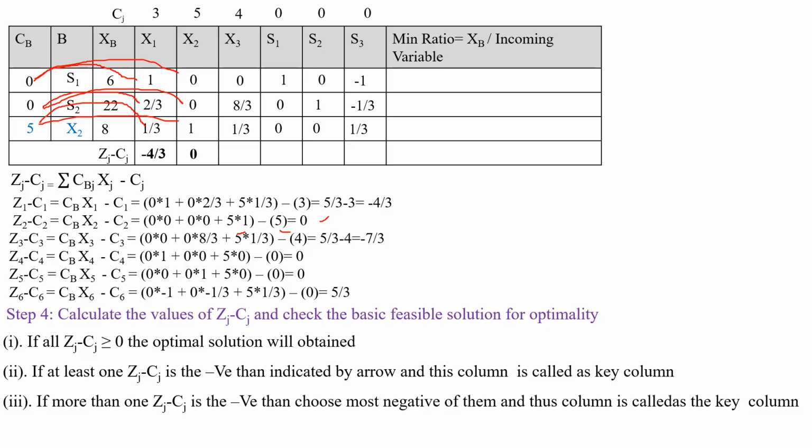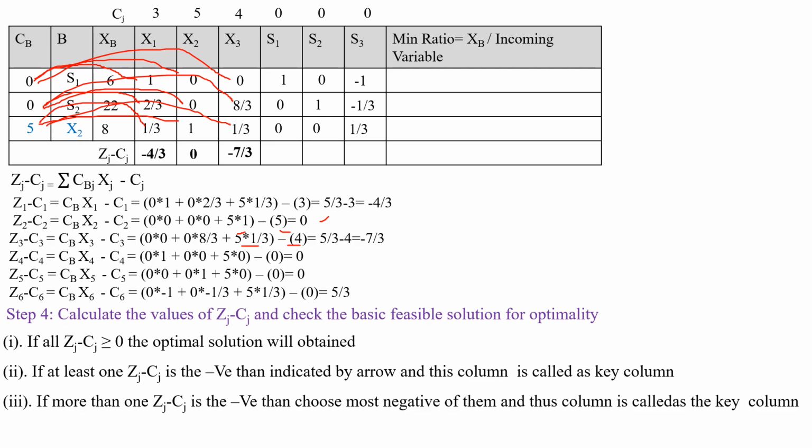Next is Z3 minus C3 for the x3 variable, that is 0 into 0 plus 0 into 8 by 3 plus 5 into 1 by 3 minus 4, that is 5 by 3 minus 4, which is equal to minus 7 by 3.